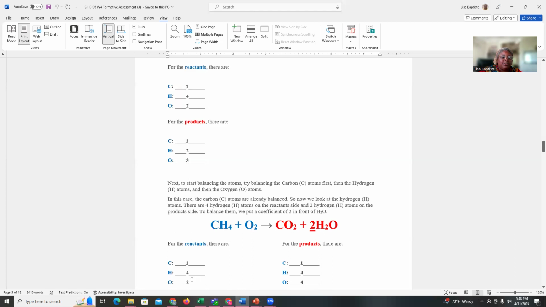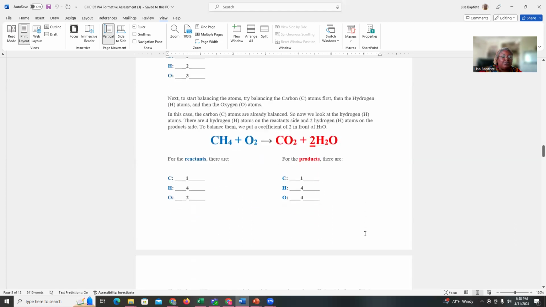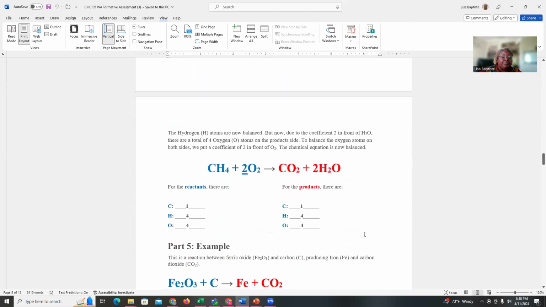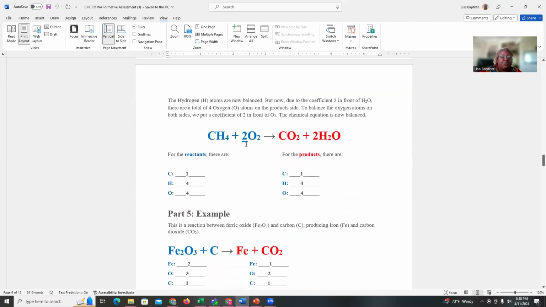We still have 2 oxygen on the reactant side, so we need a coefficient for our oxygen. And that is why this 2 is written here. So 2 times 2, remember the coefficient times the subscript, will give us 4 oxygen on the reactant side. In the previous portion, we got 4 oxygen on the product side.